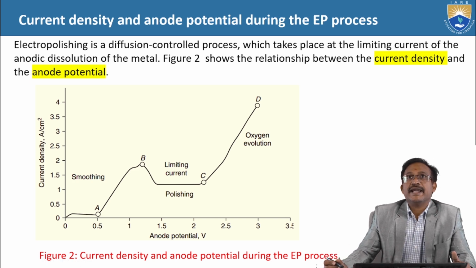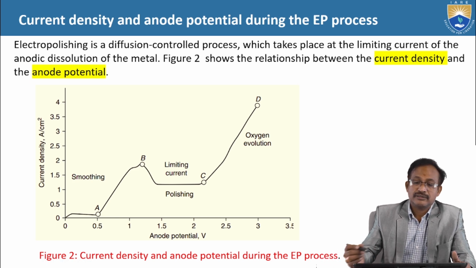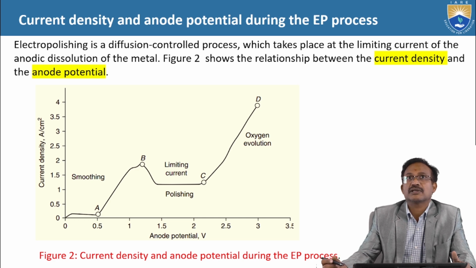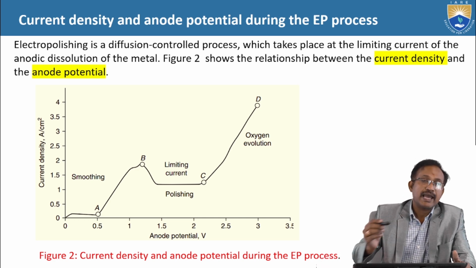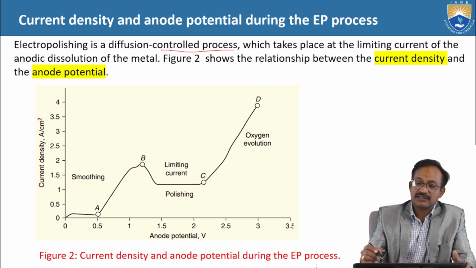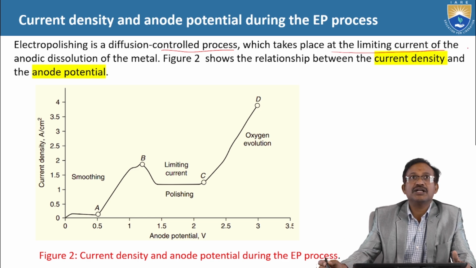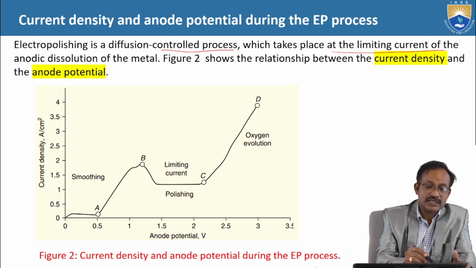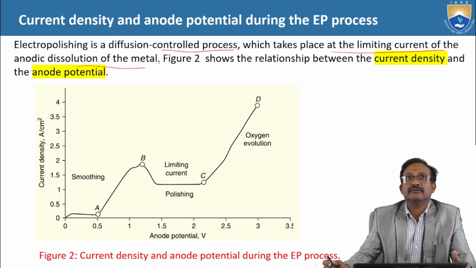Current density and anode potential during the EP process. What is EP? Electropolishing is a diffusion controlled process which takes place at the limiting current of the anodic dissolution of the metal.